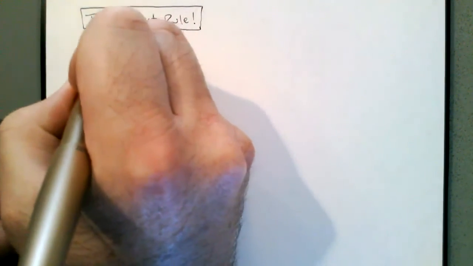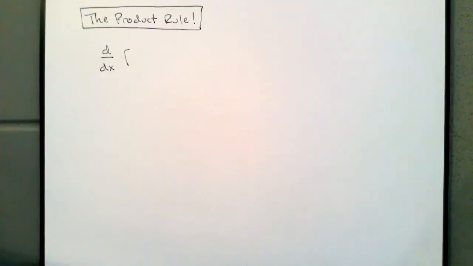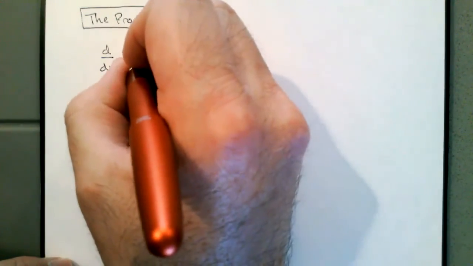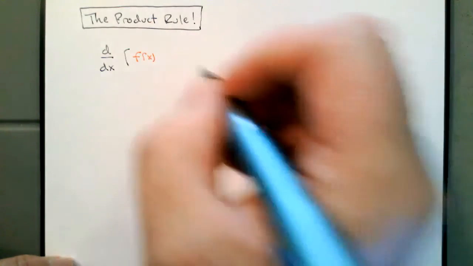Here we have the derivative of a product. So this is for taking the derivative of a function of x times another function of x.